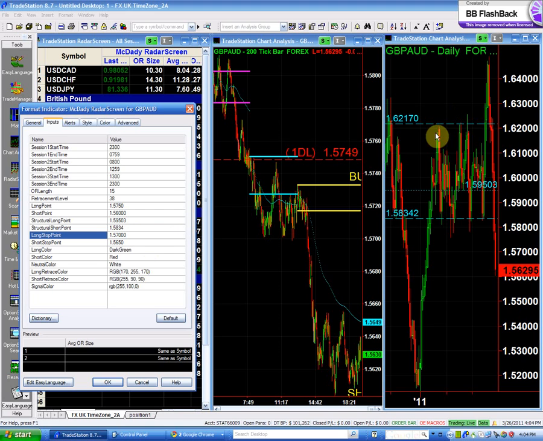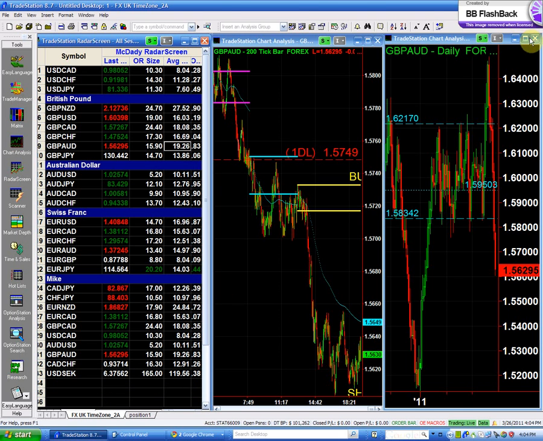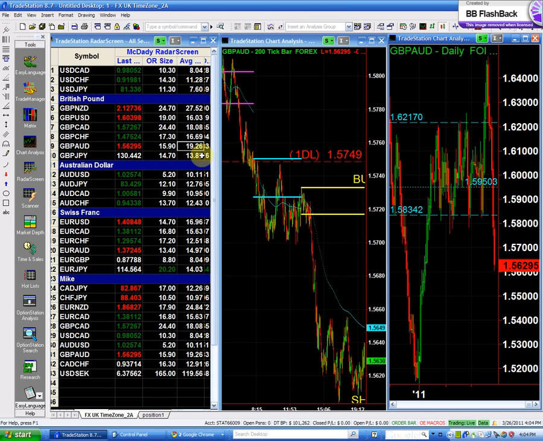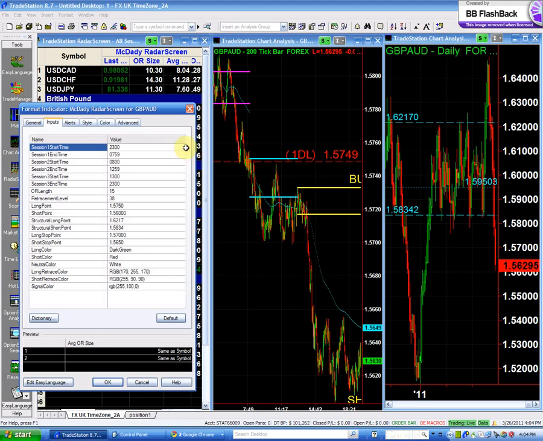My structure long in this case is going to be the 162.17, and my structure short, there's nothing but air. I'm looking now for a retest of this low, so I'm going to leave my structure short at 150, which is the all-time low.